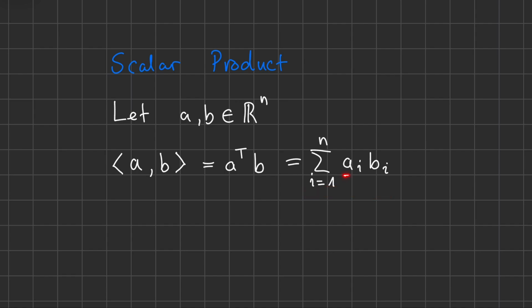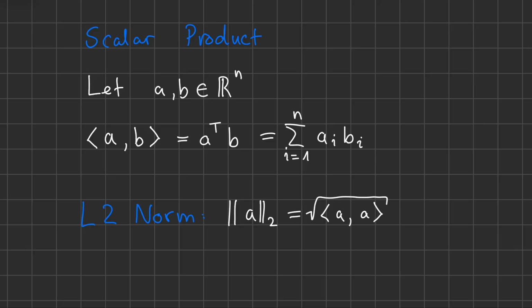So this would be the first entry of a times the first entry of b, plus the second entry of a times the second entry of b, and so on. A simplified way of writing this is to transpose a and then do a matrix multiplication between this transposed a and b. And this is equivalent to this form.